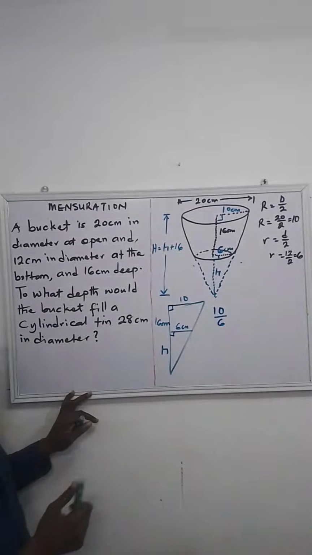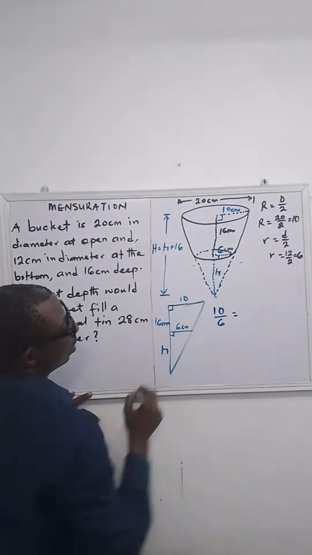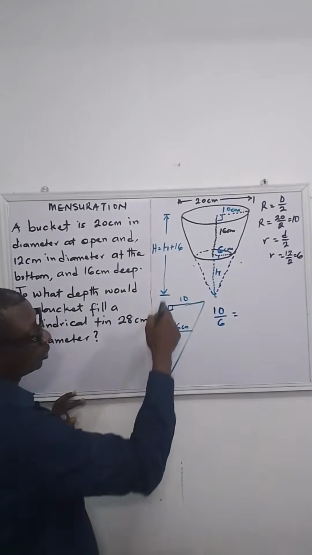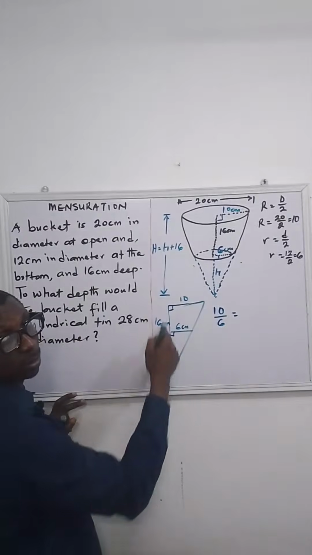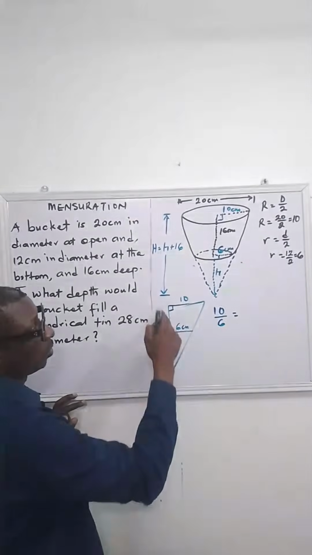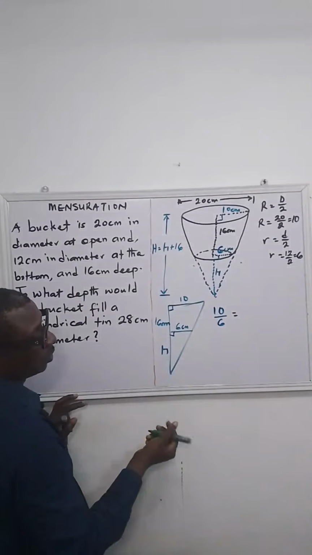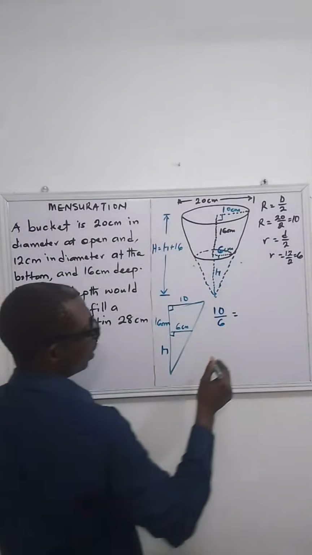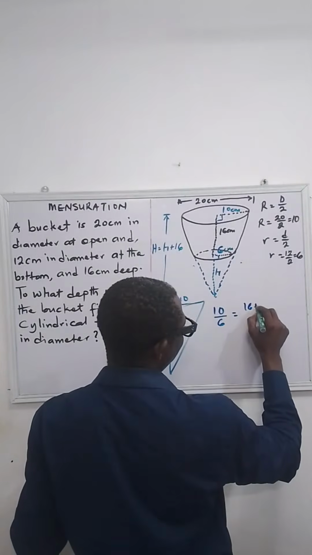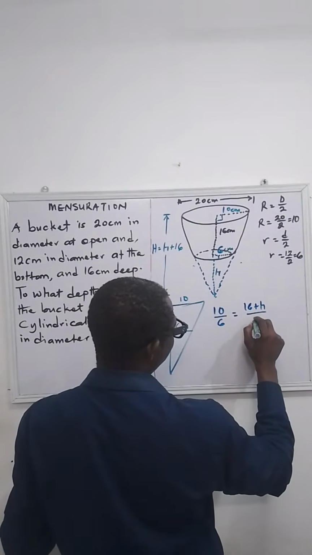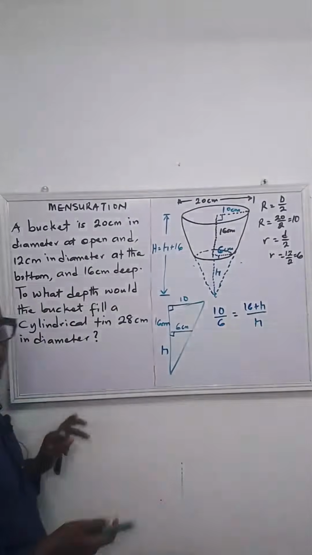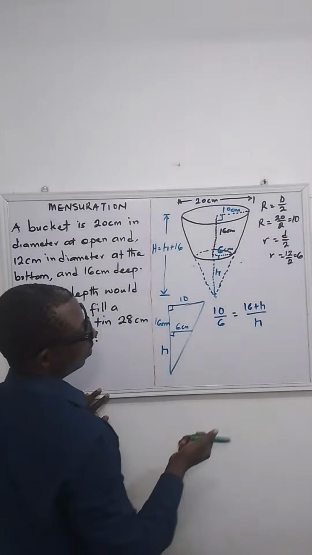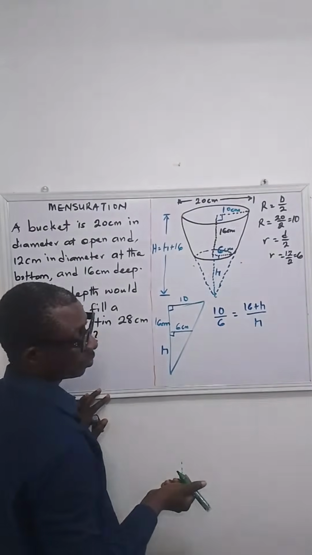Also, the side of the bigger triangle, which is 16 plus h, or h plus 16, corresponds to the side of the smaller triangle, this side. So we have 16 plus h over h. From here we can cross multiply, or we'll first simplify this before we cross multiply.